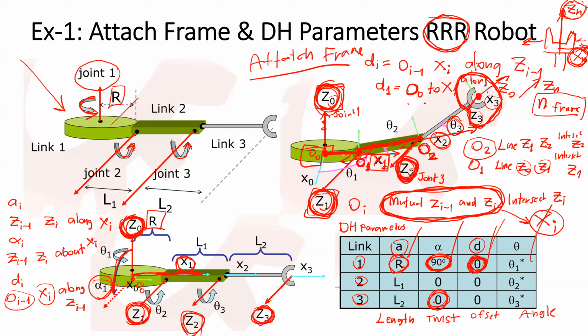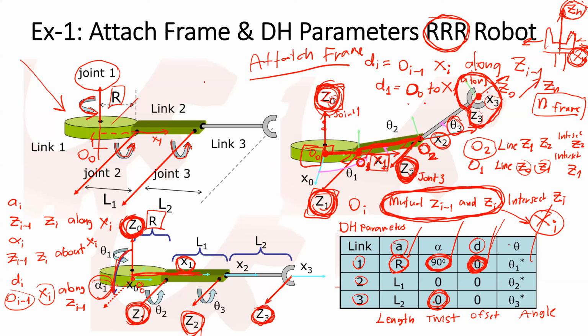But if we put O0 somewhere here, and we know that x1 points to this level, then if we compute the offset here, it will not be zero if you put O0 somewhere different from here. So this is the link offset.